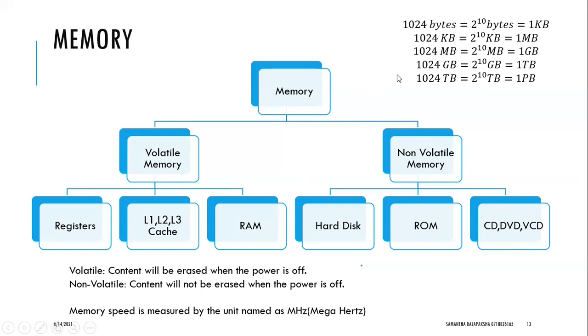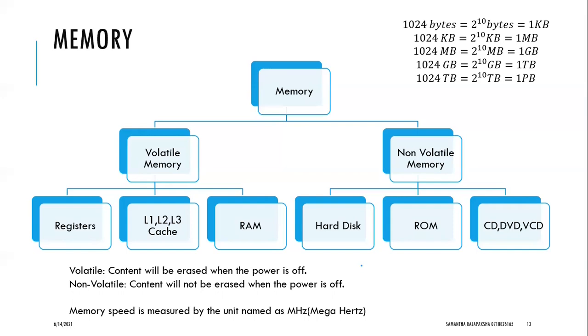In addition to that, you need to have this knowledge also. Computers are mainly in binary format, so 1024 bytes, which is equal to 2 to the power 10 bytes, is what we call 1 kilobyte.